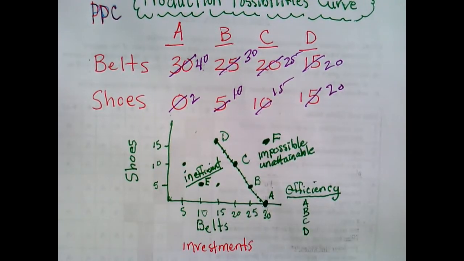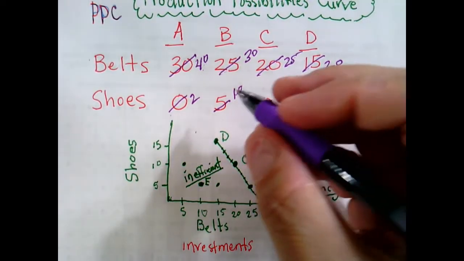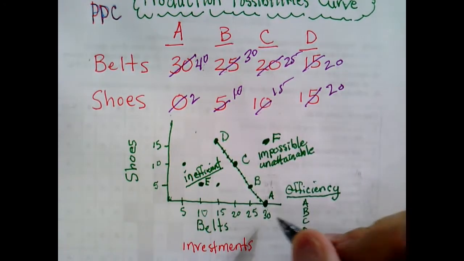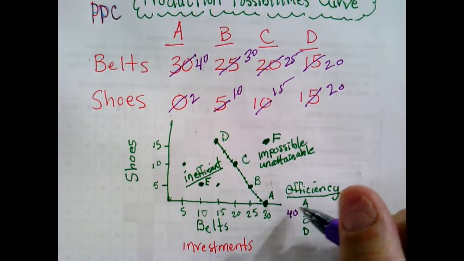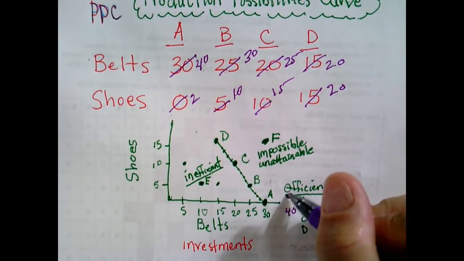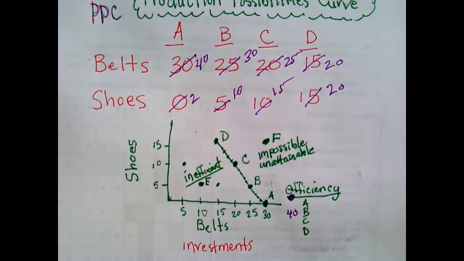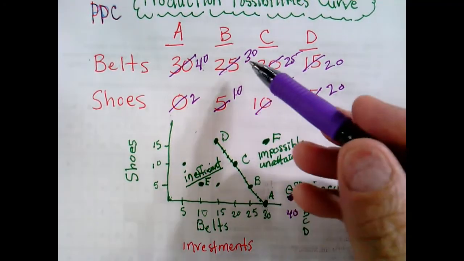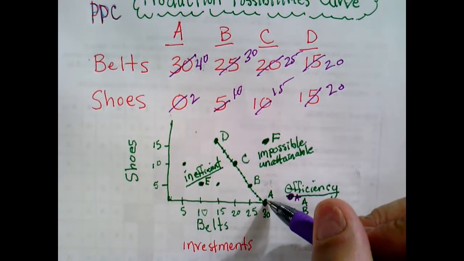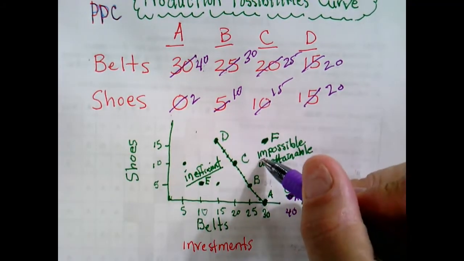So when we graph these out, I only have 30 here, so imagine 40 being here. 40 and 2, that is about right here, right? So that would be my new point A. 30 and 10, that puts me at about right here.